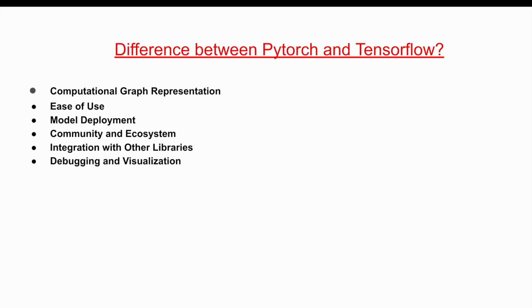TensorFlow integrates well with other Google products and services. Remember, it was developed by Google. So TensorFlow integrates well with other Google products and services like Google Cloud Platform, making it convenient for building end-to-end machine learning pipelines, sorry.